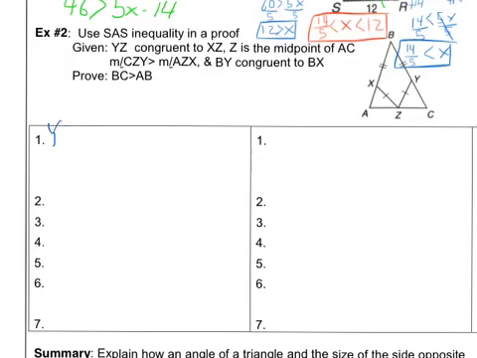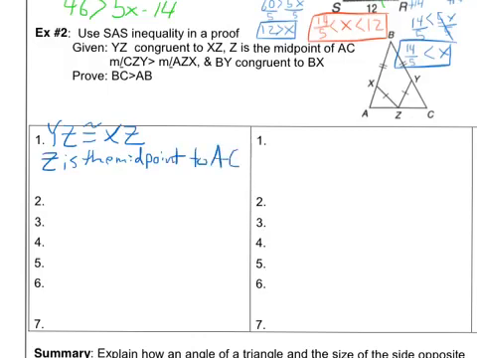So here we go. YZ is congruent to XZ. Z is the midpoint to AC, which tells me that these two segments here have to be equal because Z is the midpoint, but I'll put that in the proof in a second.